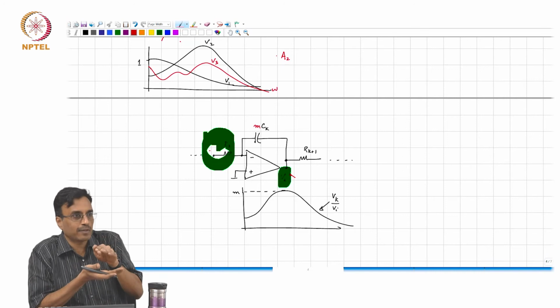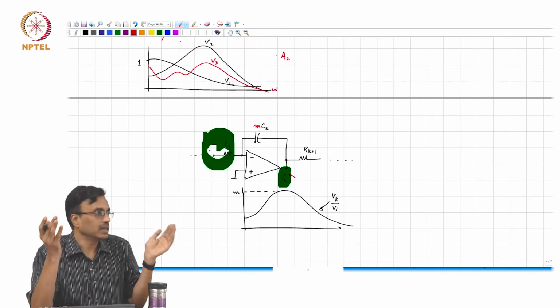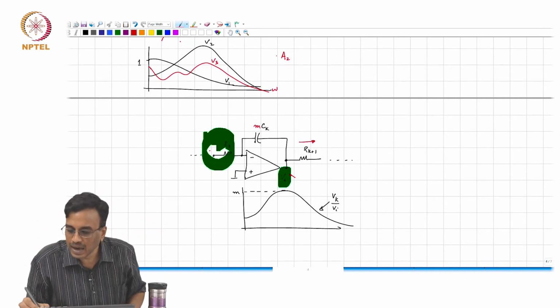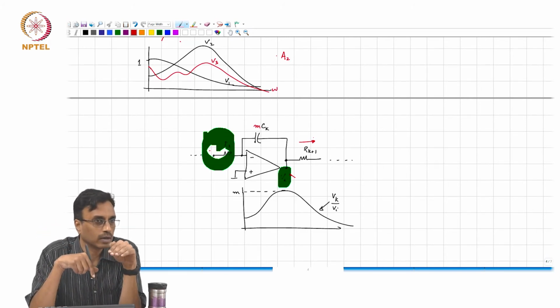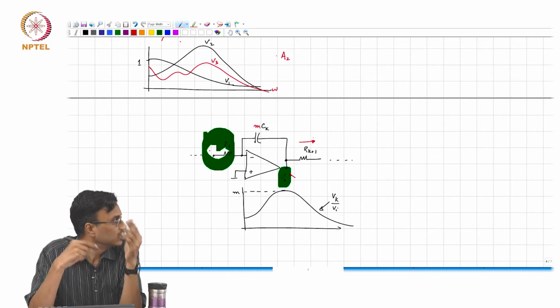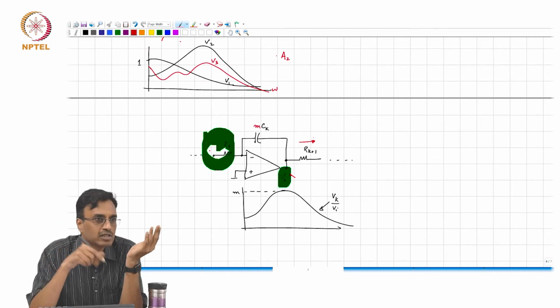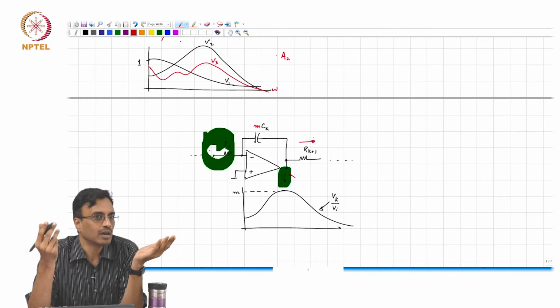Now it is M times smaller, and therefore the current flowing through Rk plus 1 has also become M times smaller. So if you want to bring the transfer function back to what it was earlier, what do you think you should do?